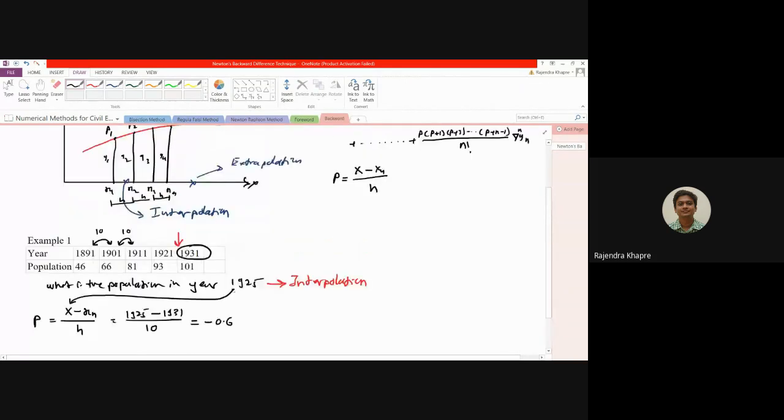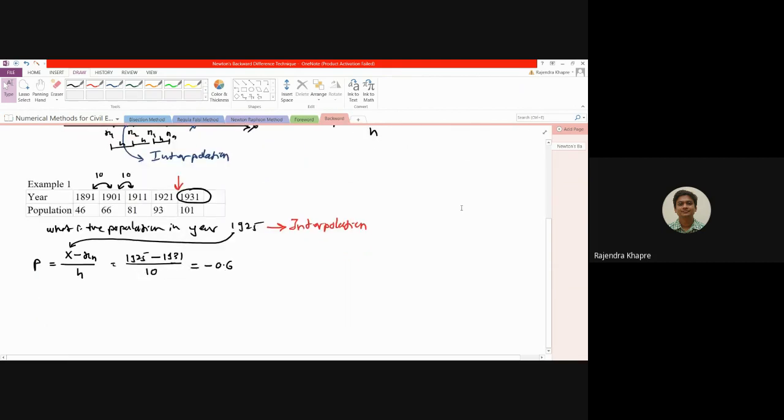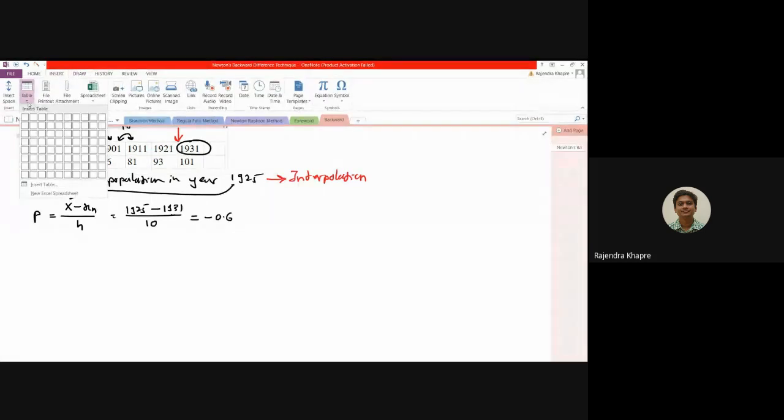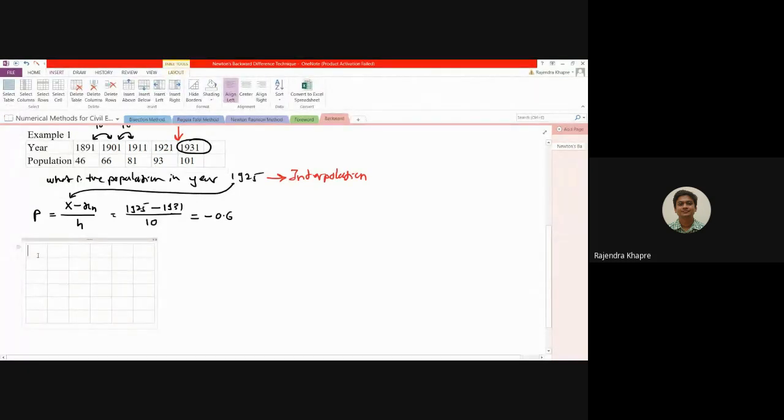Now that we have the value of p, all we need to find out are the delta values, that is delta yn, delta square yn, delta to the power 3 yn, and so on. For this purpose we have to draw a table. Here we have x and here we have y.